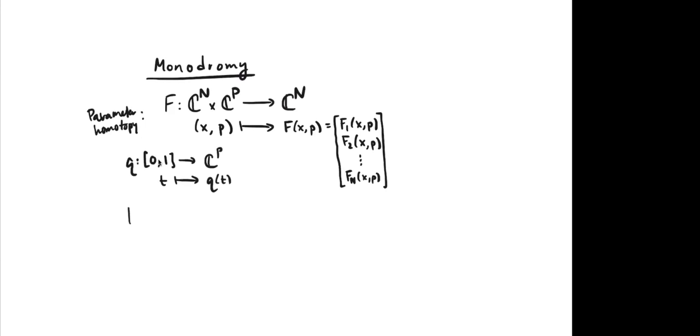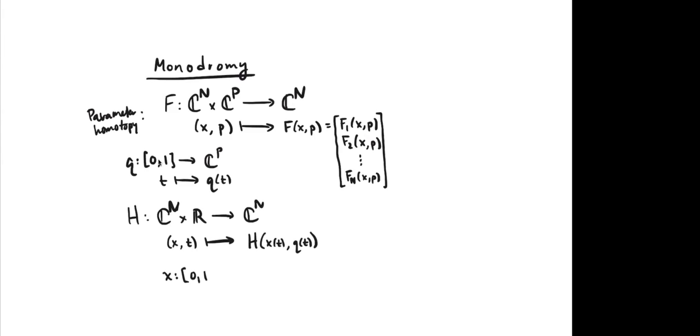And what we'll do is our homotopy, which we need to do homotopy continuation, will then be defined by sending x(t) to H of x(t), q(t), or really, we're thinking of a solution path as well in the space of variables.